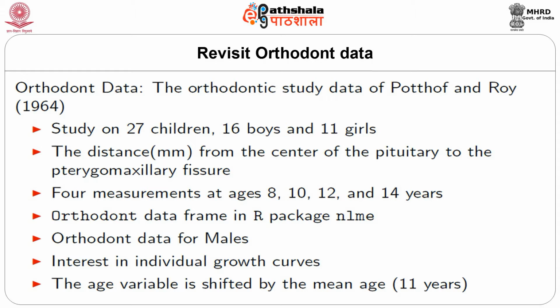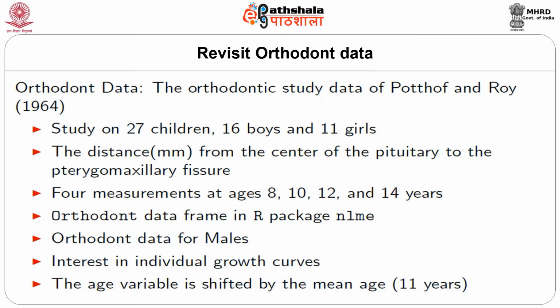The data is packed as an object in the R package NLME, and it is called the Orthodont object. However, to get the motivation about the linear mixed model, we would be dealing with a subset of the data, that is the Orthodont data only for the males or the boys, and interest is in modeling the individual growth curves of the boys.